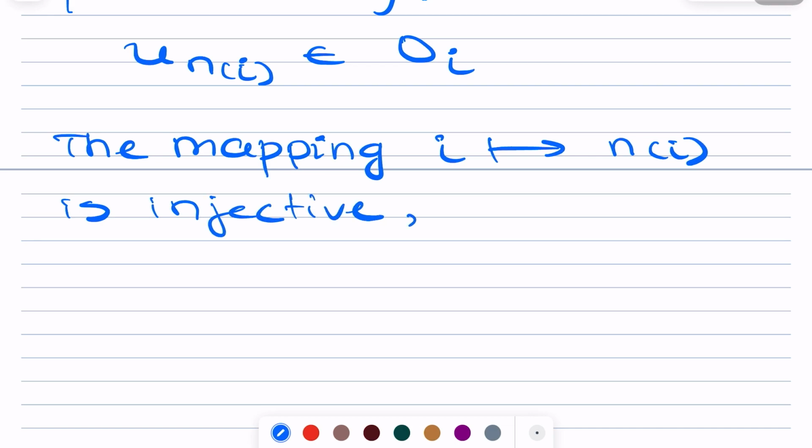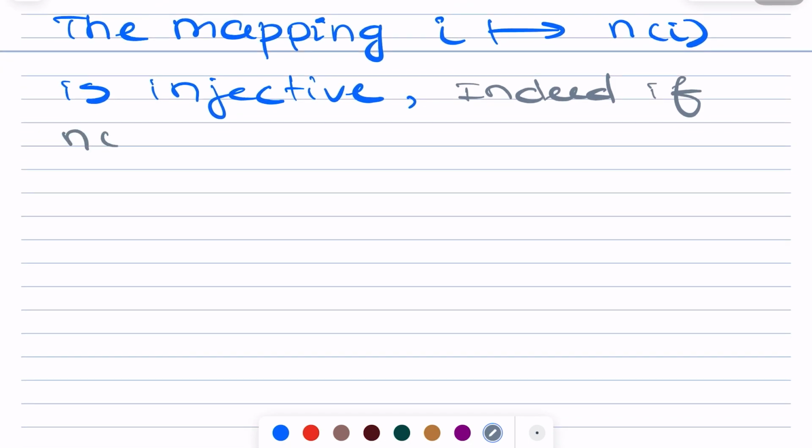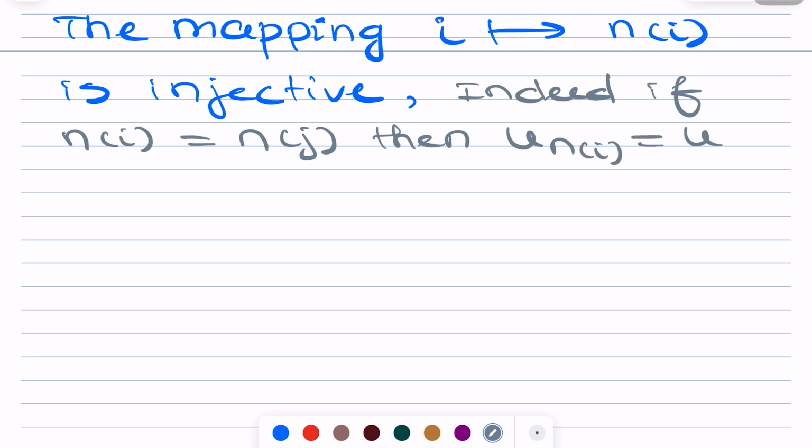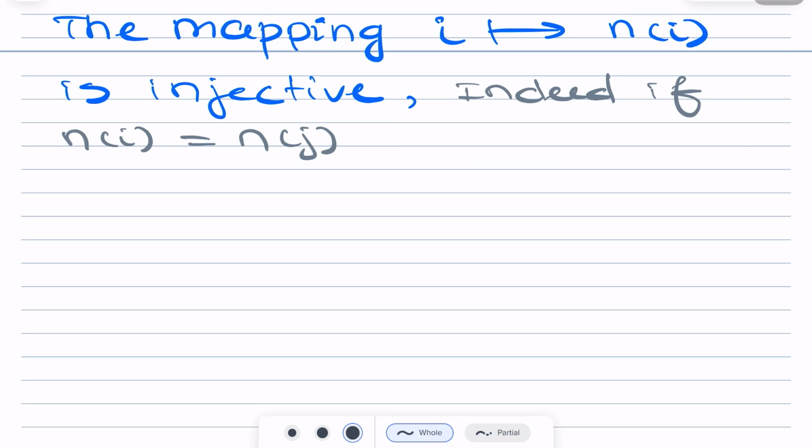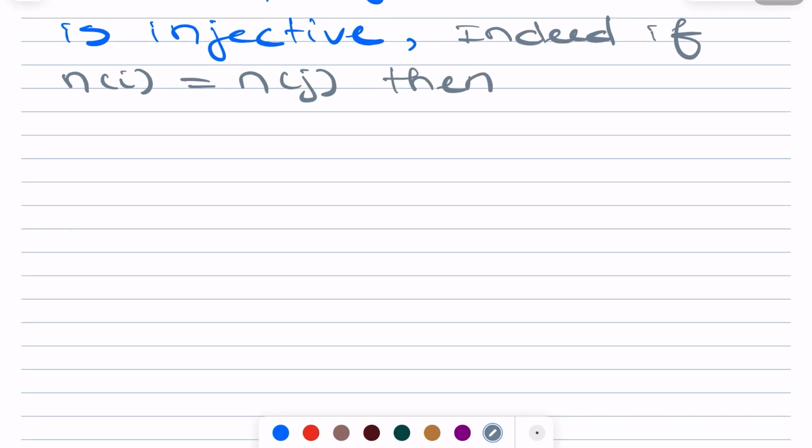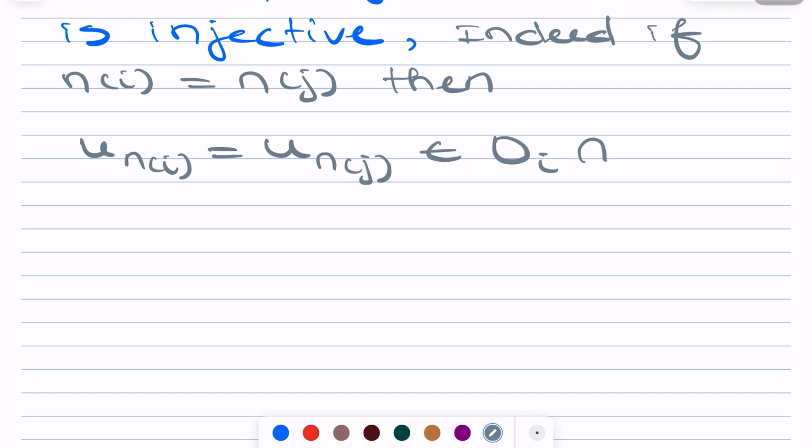Indeed, if n_i equals n_j, then u_{n_i}, which is equal to u_{n_j}, is in O_i intersected with O_j.